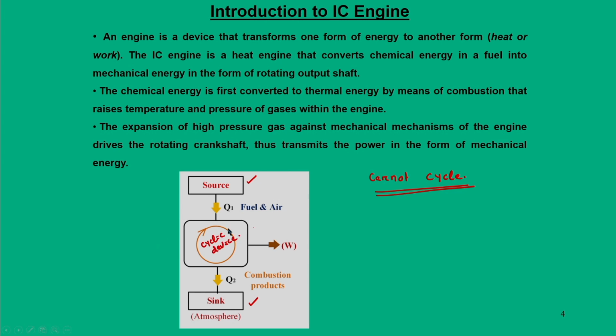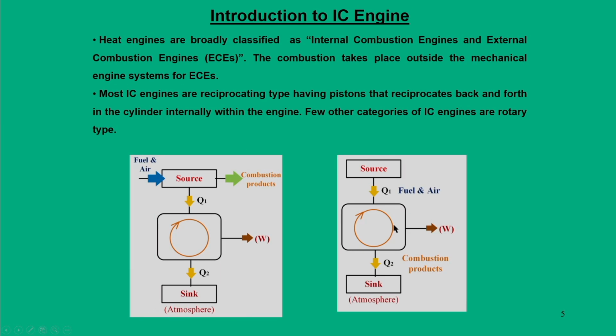In this cyclic device, it receives the heat from the source, and this heat comes from fuel and air mixtures in the form of Q1, and finally it is combusted in this cyclic device, and after combustion we get work output in the form of the rotating crankshaft, and the exhaust energy, or we call this waste heat, goes to the sink. So, the second law of thermodynamics, that is Carnot cycle, is the governing principle for IC engine operation.